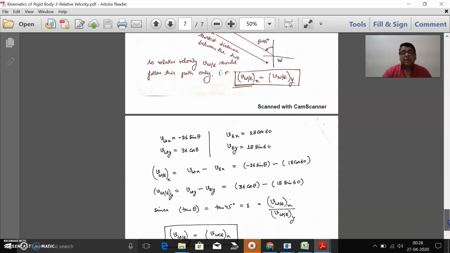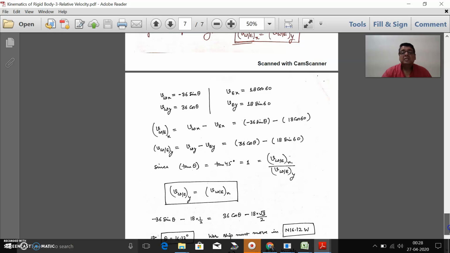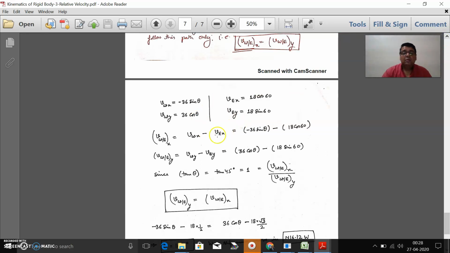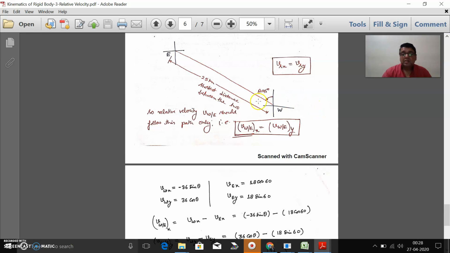This means that the x component and the y component of the velocity of warship with respect to enemy ship should be equal to each other, right? Because tan 45 is equal to 1.